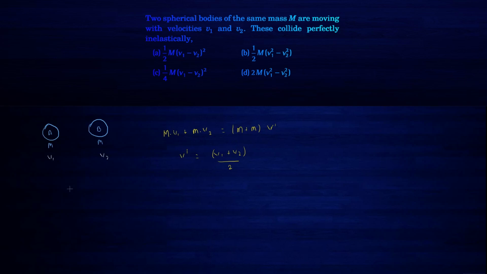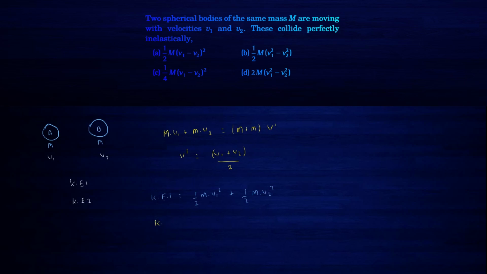We need the loss in energy, so let the kinetic energy of the system before collision be KE1 and after collision be KE2. So KE1 equals half m v1 square plus half m v2 square.